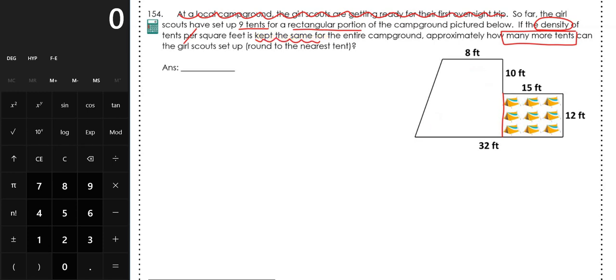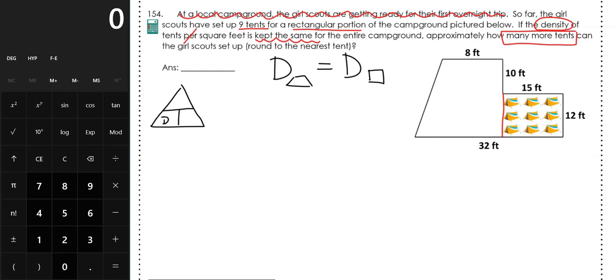So for density, let's say this is of the trapezoid shape on the left. You want it to have the same density as the rectangular portion on the right. Now you need to know, how do you find density? Well, density has its own density triangle, even when we're talking about population density. The population density triangle looks like this.